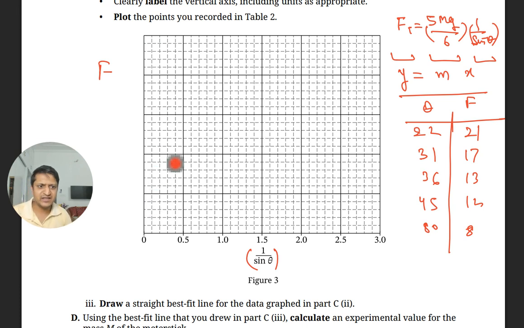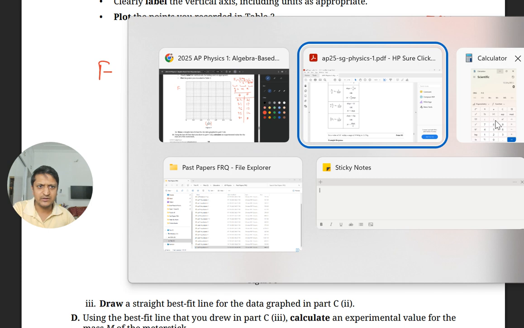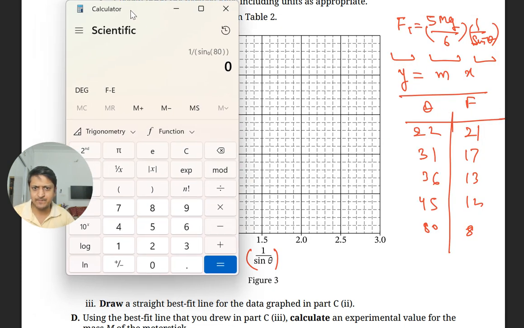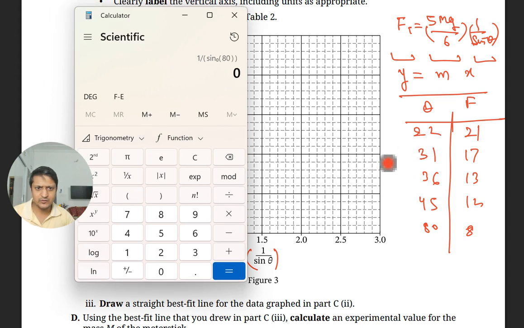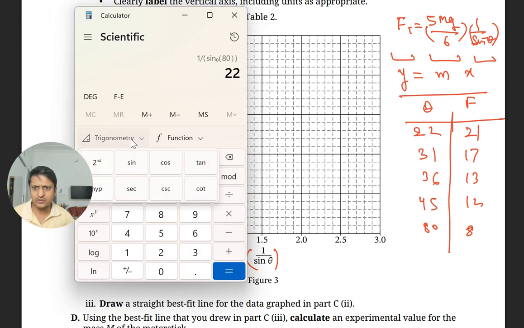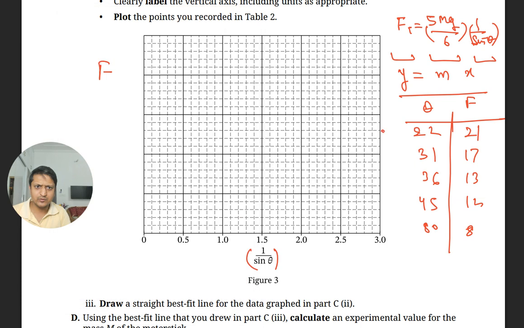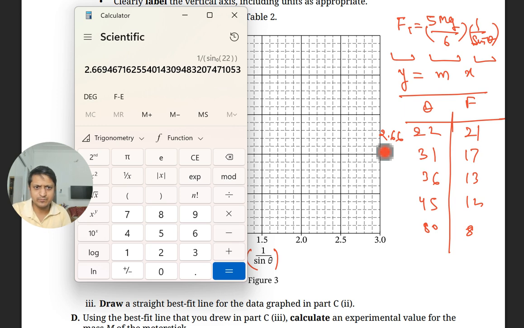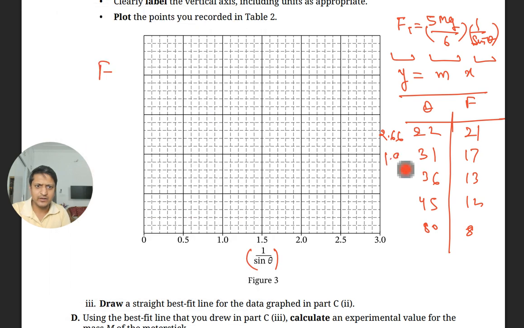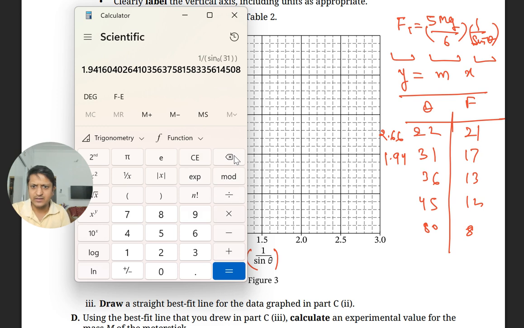So now we need the calculator. Let me check the calculator. Okay, so 1 by sine 22 is 2.66. Then we have 31, 1 by sine is 1.94.